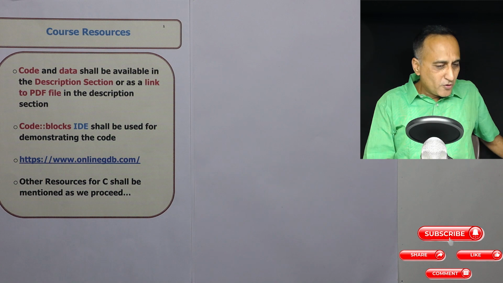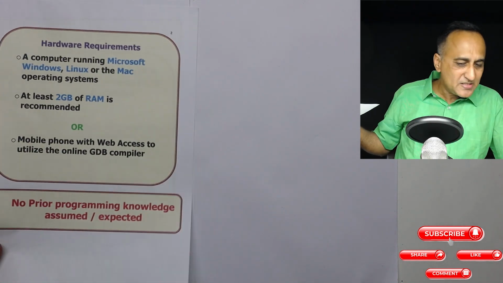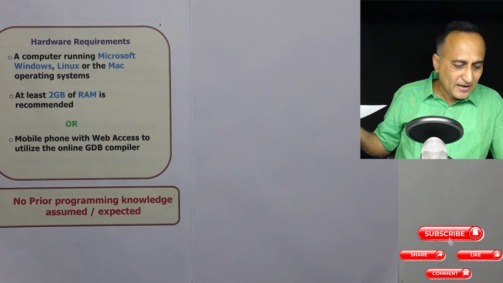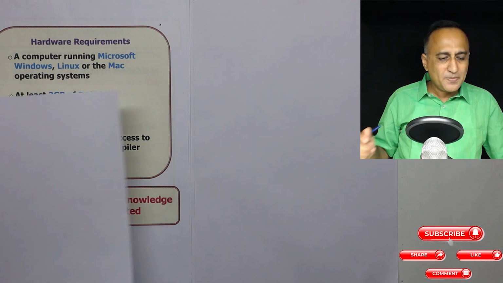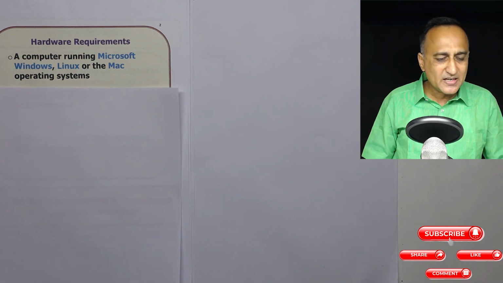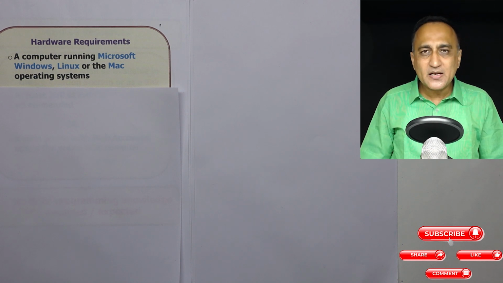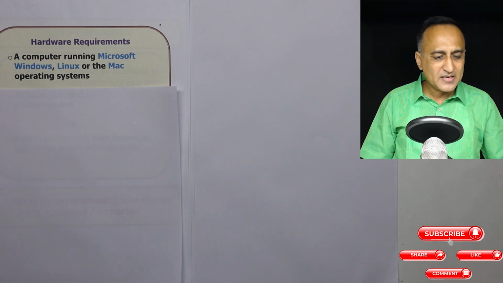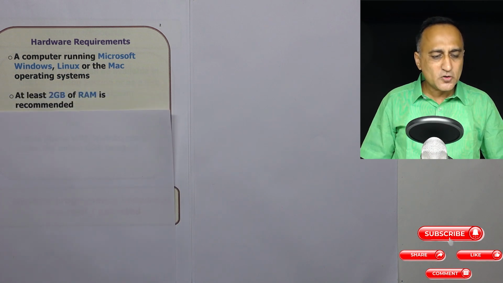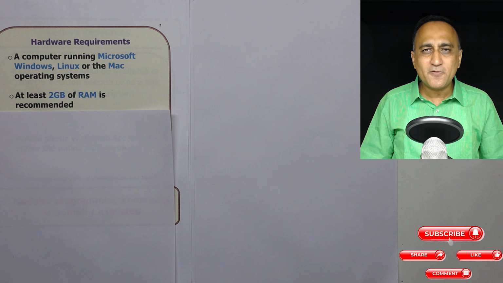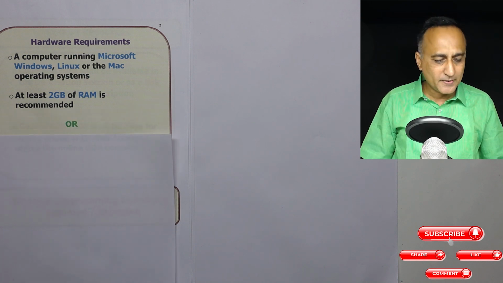Now, if you're going to use a PC or a laptop at home, I'll try to give you the basic hardware requirement. So if your computer is running Microsoft Windows, Linux or Mac operating system, please ensure that it has at least 2 GB of RAM so that CodeBlocks is able to run comfortably on it.